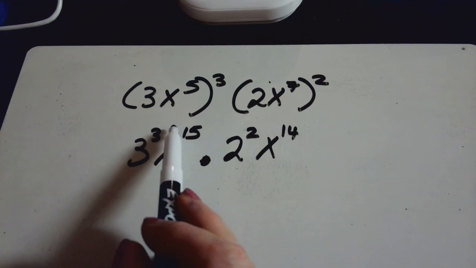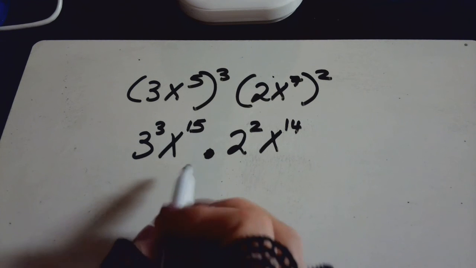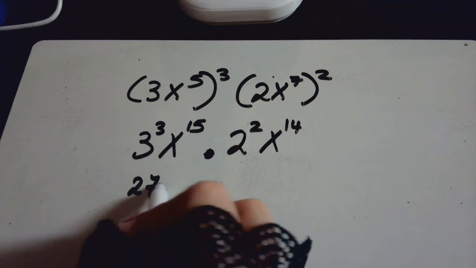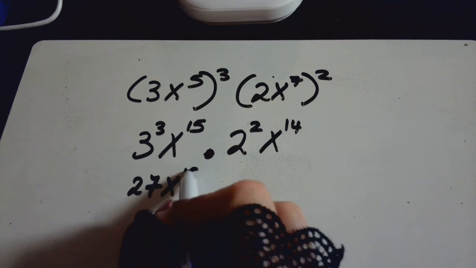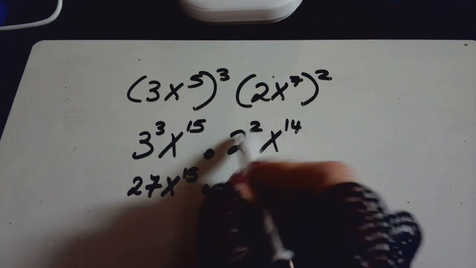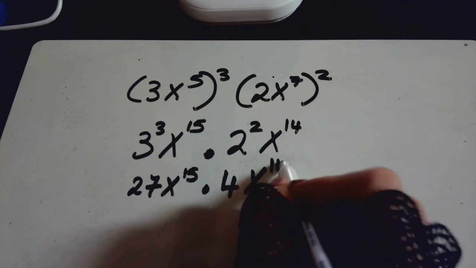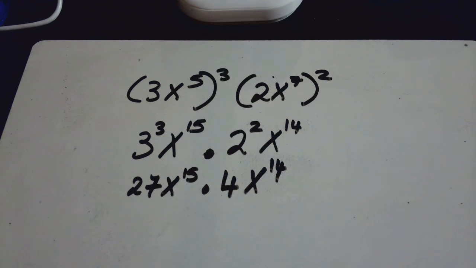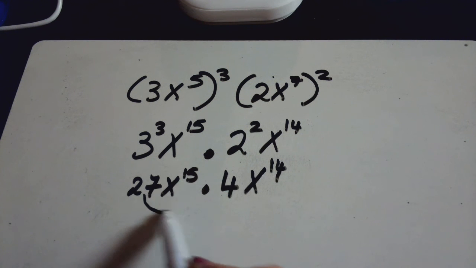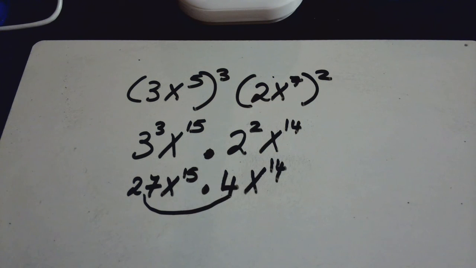Now simplify. 3 to the 3rd power is 3 times 3 times 3, that's 27. X to the 15th times 2 to the 2nd power is 4, and x to the 14th. So look how I simplified that. And now, 27 times 4. These are just regular numbers, so you multiply, alright?